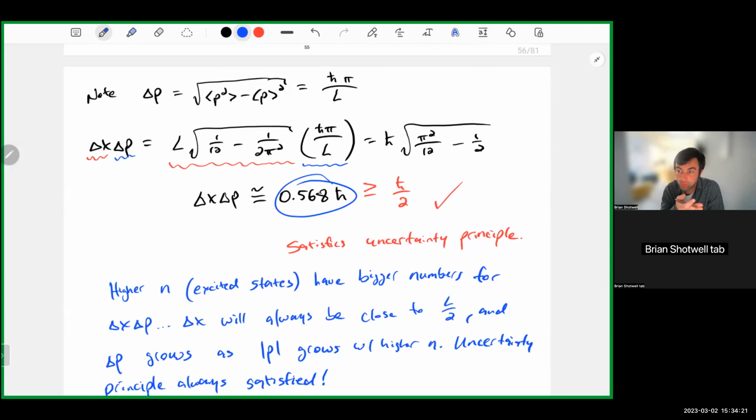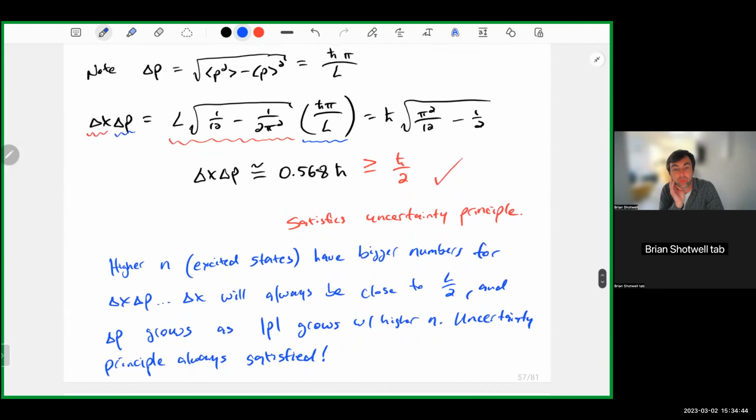So this is consistent with the uncertainty principle. And every wave function that you could possibly think of, if you calculate delta x and delta p, you'll get a quantity greater than or equal to h bar over 2. So in the ground state of the particle in a box, we closely saturate the inequality. We're close to h bar over 2, but not exactly equal to it.